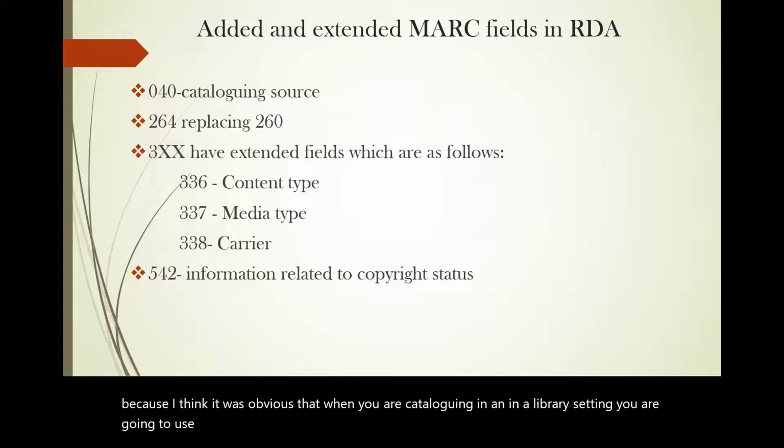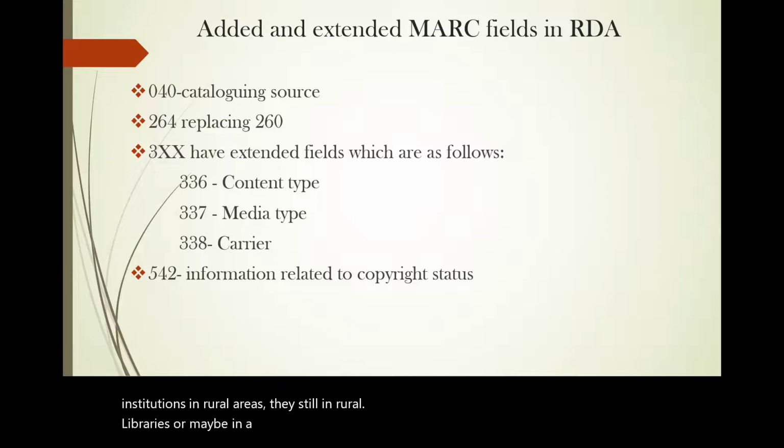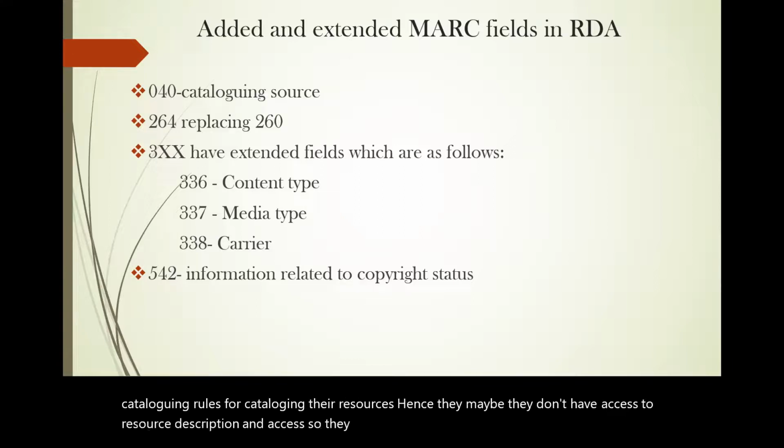But now, different institutions, for instance in rural libraries or special libraries, are still using Anglo-American cataloging rules. Maybe they don't have access to Resource Description and Access. So they are supposed to specify what they've used as a cataloging source.